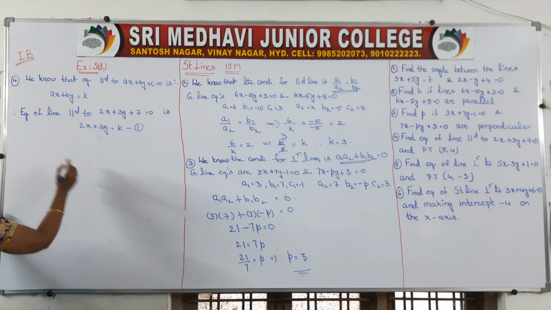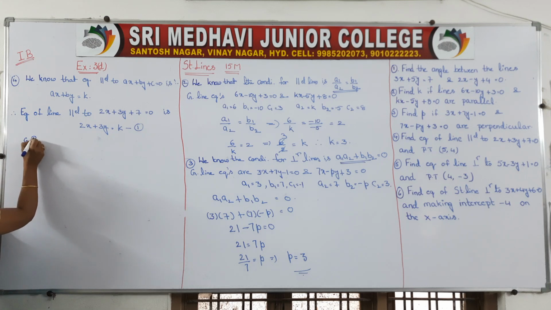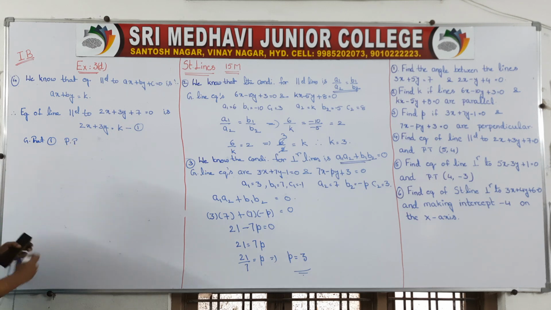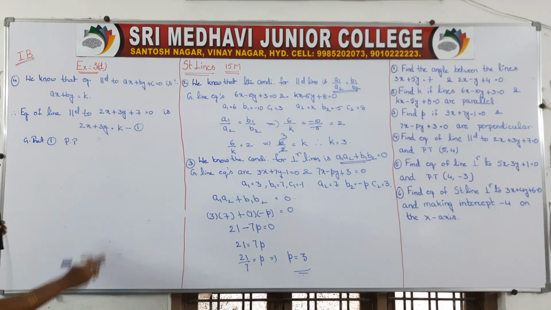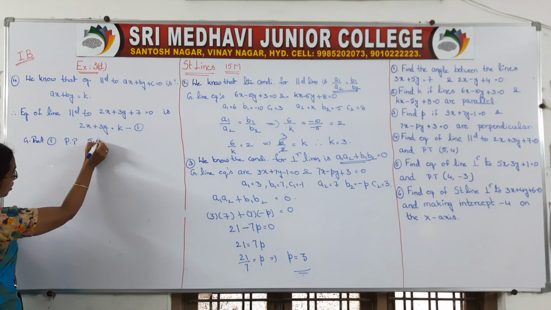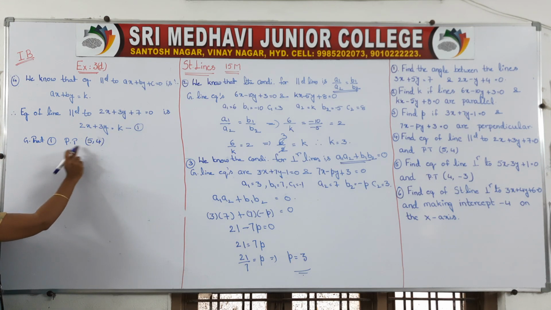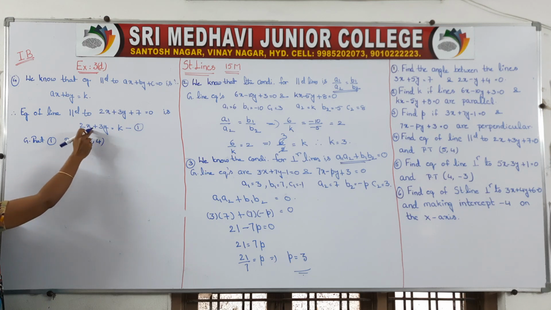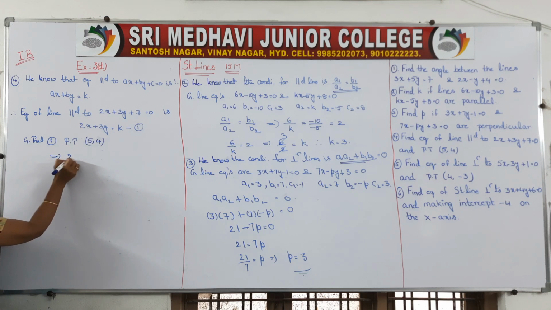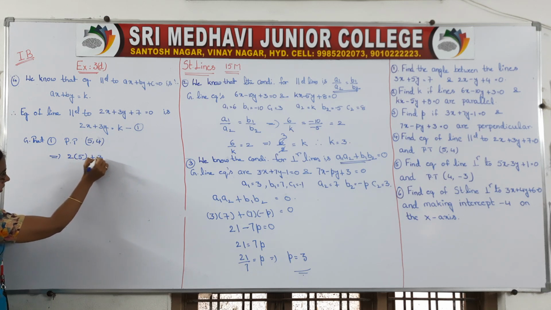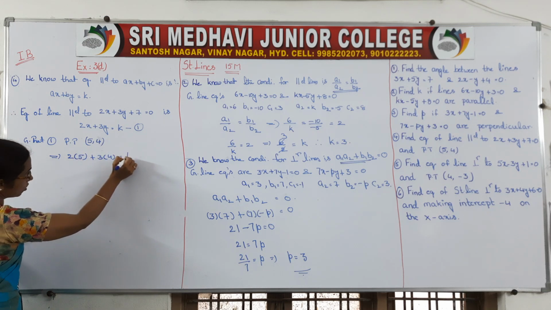Given that this one passes through which point? The point is given to you, 5, 4. See the question, take the points correctly, right? So it passes through this point means this point satisfies this equation, implies 2 into, in x place, x coordinate, in y place, y coordinate we have to substitute.